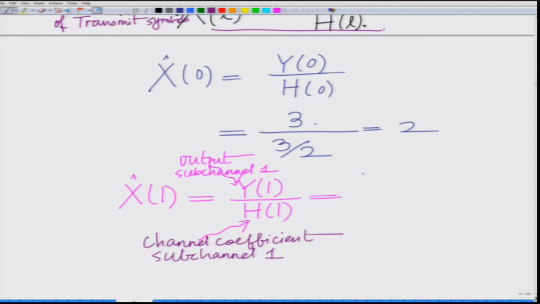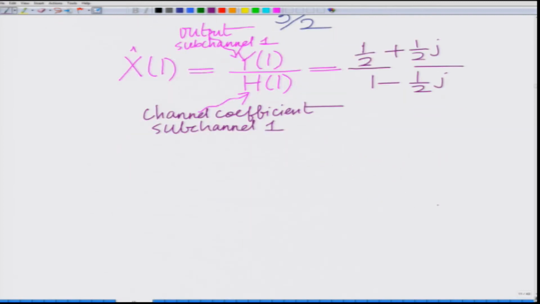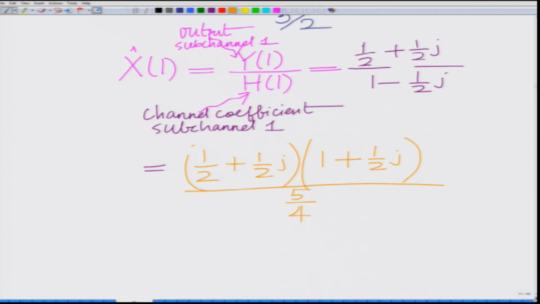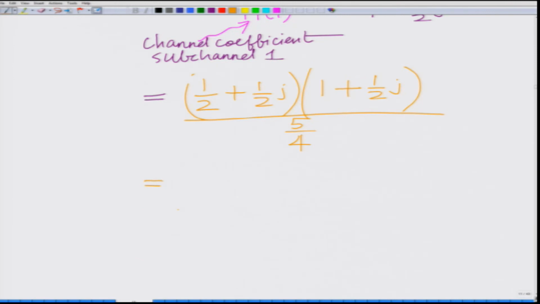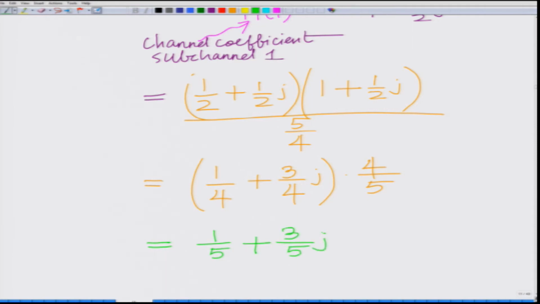This equals half plus half j divided by 1 minus half j, which simplifies to half plus half j times 1 plus half j divided by 5 by 4, which equals 1 by 4 plus 3 by 4 j into 4 by 5, and this is therefore equal to 1 by 5 plus 3 by 5 j.